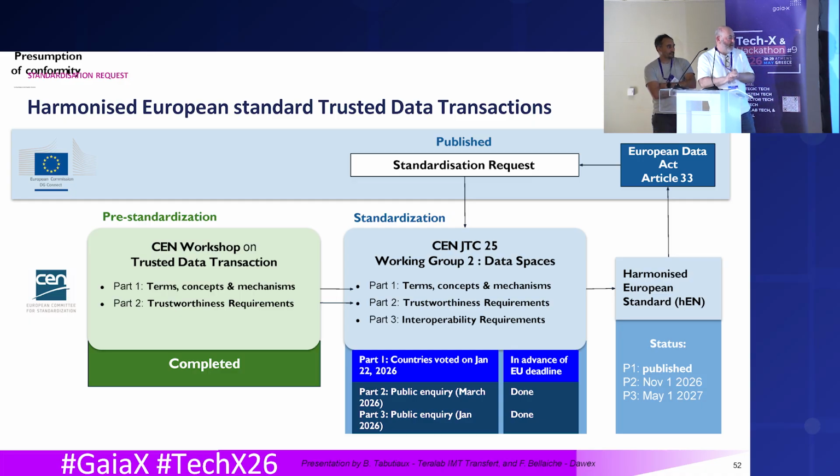The top one, part 1, covers standardization of terms, concepts, and mechanisms for trusted data provision. It concerns data spaces, whether a data producer, a data holder, or a data pusher. Then there is part 2. Part 2 is probably the most important one because it defines all the requirements, technical and non-technical, to be compliant.